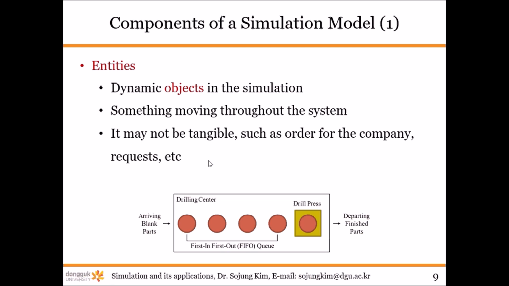If we look at the previous example, it was tangible, right? It's a tangible part, which is processed by the drill press at a drilling center. However, if you are looking at a service system processing customer orders or documents, then in that case the entity doesn't have to be tangible.